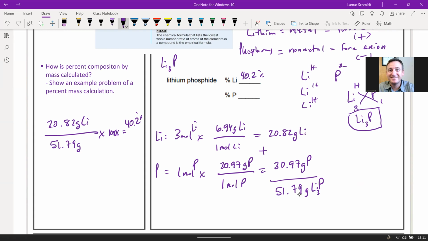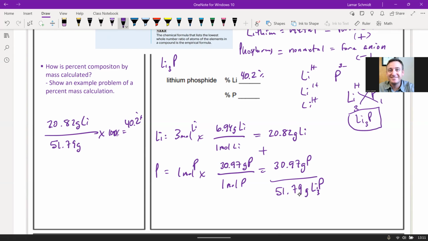Now, we know it's 40.2%. Do we need to do that same calculation in order to find the percent of phosphorus? No, we could just take 100 minus 40.2 and we could get the percentage of phosphorus because it's the only thing left, right? The other remaining portion is only phosphorus.